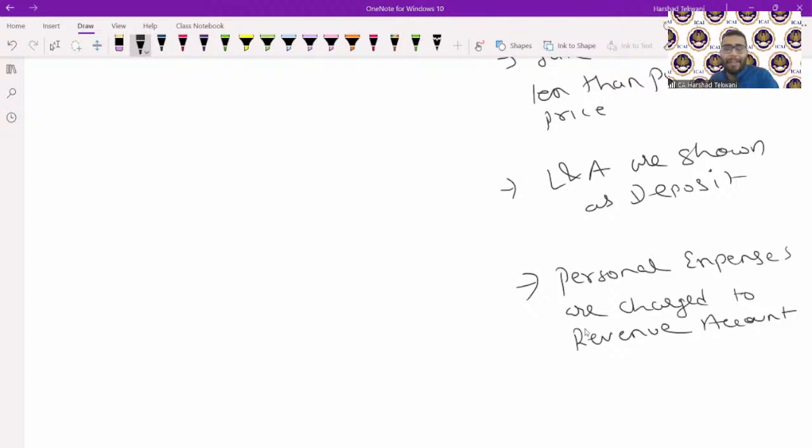Then whether cash has been received for shares which are allotted in cash. If some shares are allotted on a cash basis, whether the cash has been received or not.